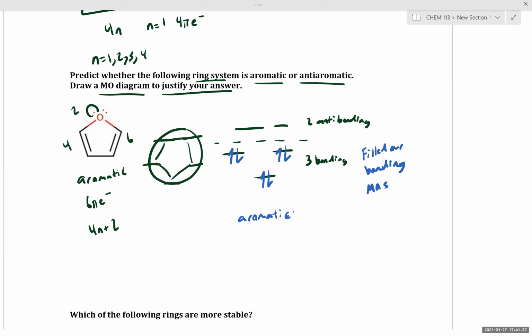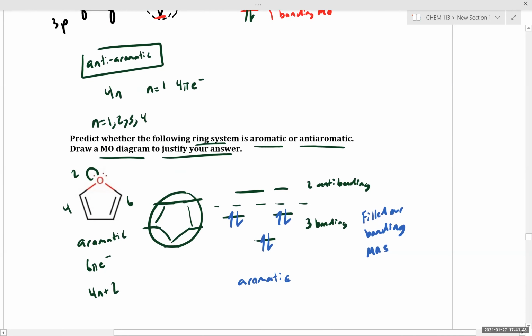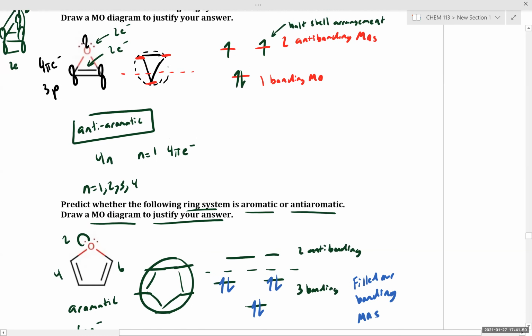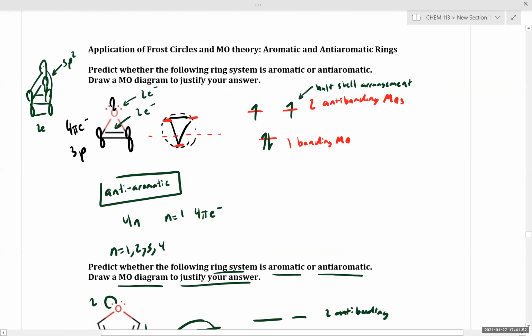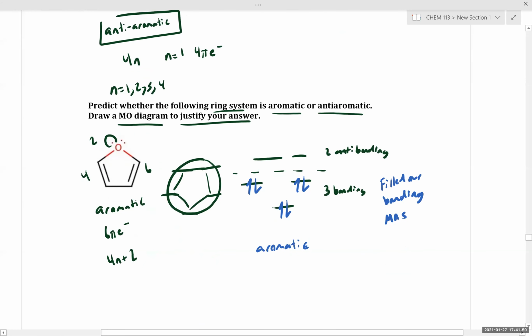Does this idea seem familiar to everyone? So we can conclude that this bottom ring that we call furan is more stable than this quite strained epoxide. Does someone have a question that I can address?